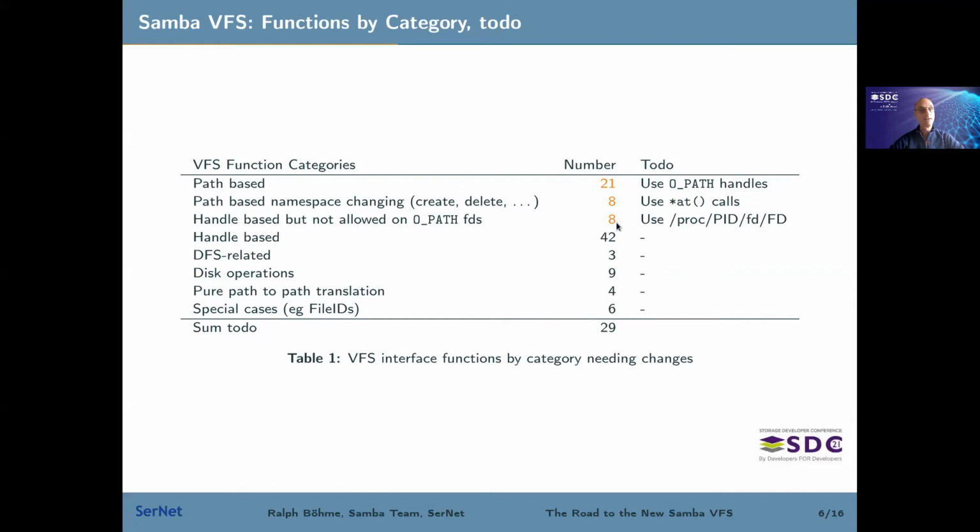So just looking at the number, these are 37 VFS functions that needed to be modified and replaced in order to convert the Samba VFS to be purely handle-based. So in total, 37 VFS functions, and that's a lot of work, as we'll see. It took a lot of work to convert all those.